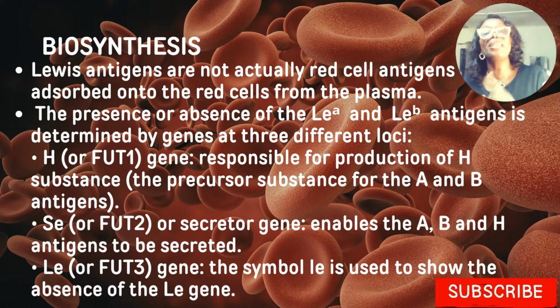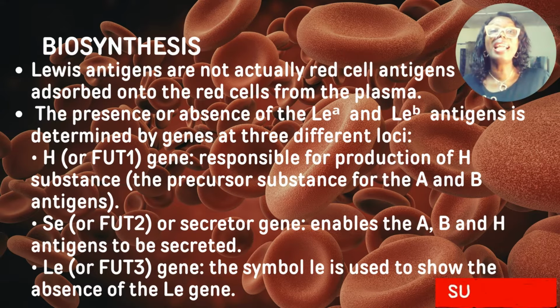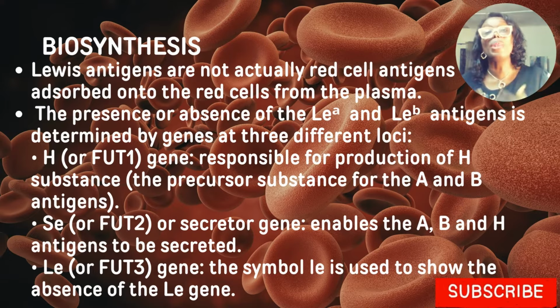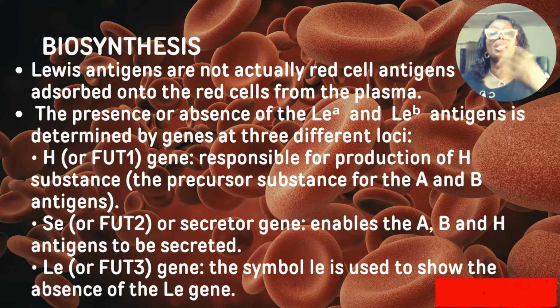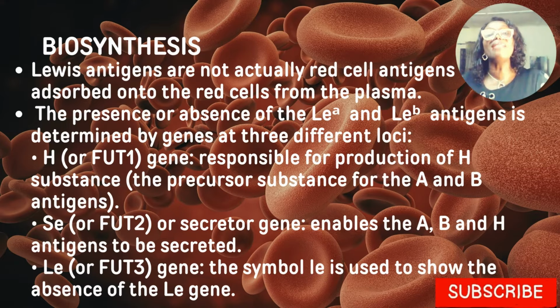Remember when we discussed the ABO blood group system and H blood group system, we said those that are secretors, in addition to possessing the first gene, which is the FUT1 gene, also possess the functional second gene, which is the FUT2 gene.